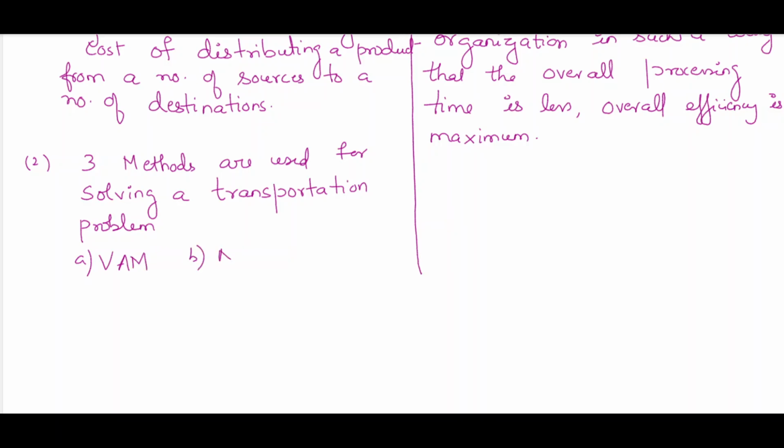B is northwest corner method. C is least cost method. And the assignment problem can be solved by the Hungarian method.